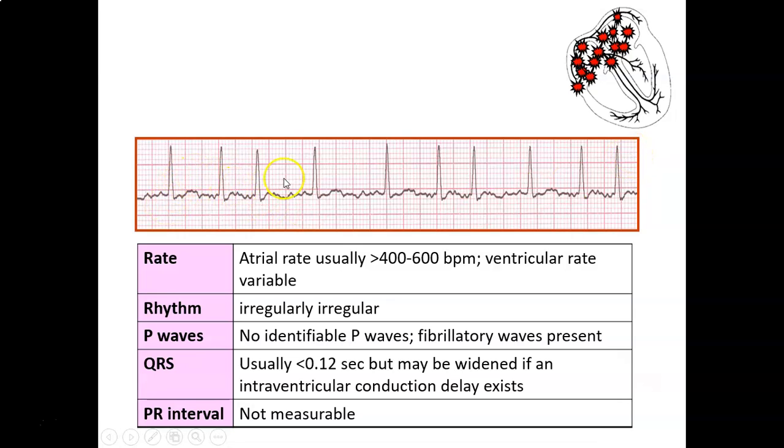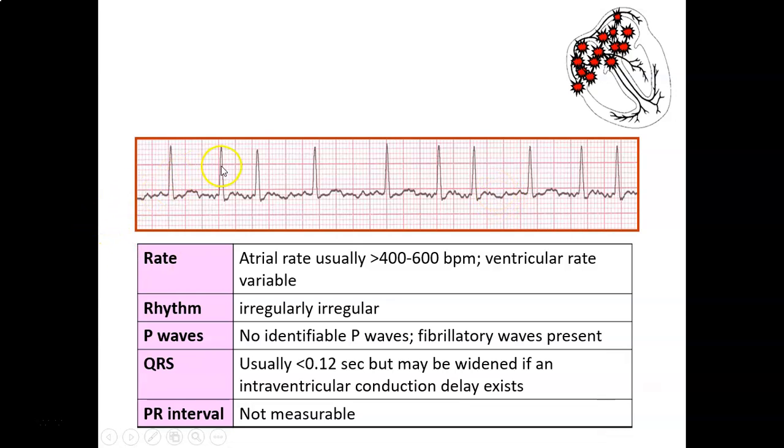Rhythm is completely irregular and bizarre. You can't see any P wave. These are the notches only. These notches are sometimes seen, sometimes not seen. When seen, they may be called fibrillatory waves.